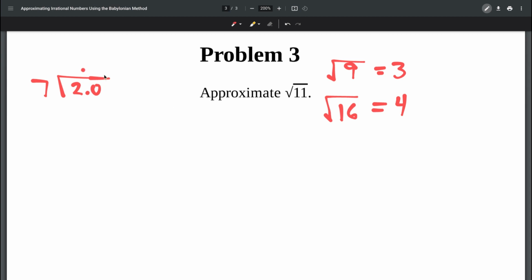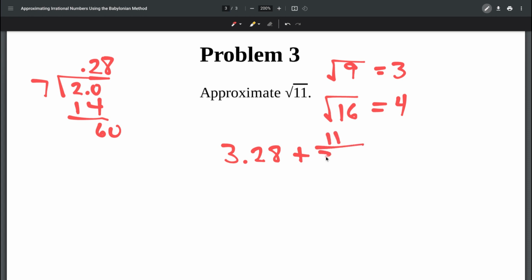So it goes in, let's see, twice, 14. So maybe 0.28. So let's do 3.28. Let's refine it and see if this works. 3.28 plus 11 divided by 3.28, all over 2.